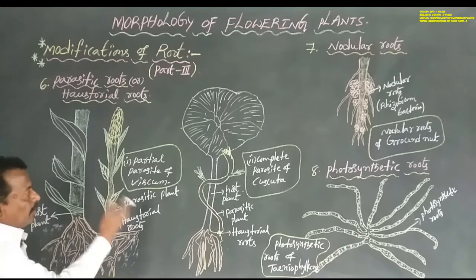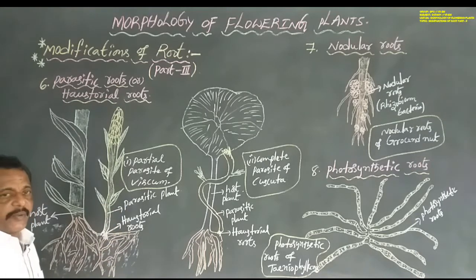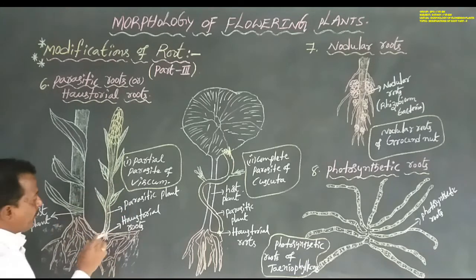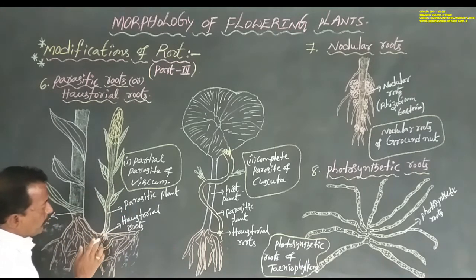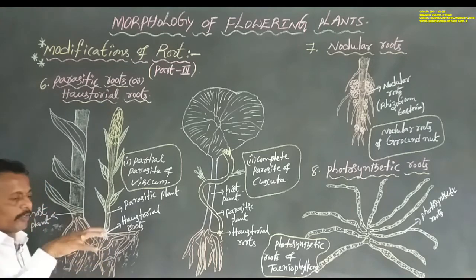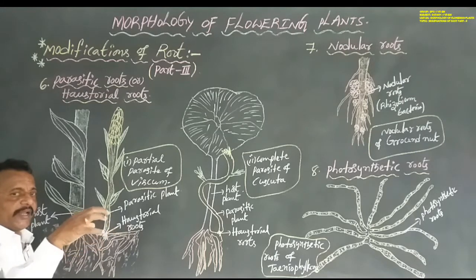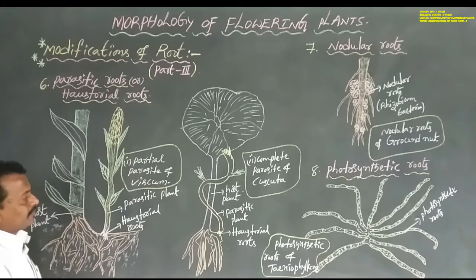The partial parasitic plants such as Viscum and Striga send haustorial roots. Some hand or finger-like structures appear in this parasitic plant.